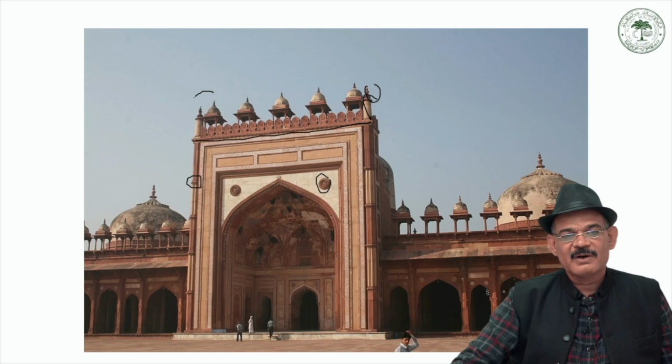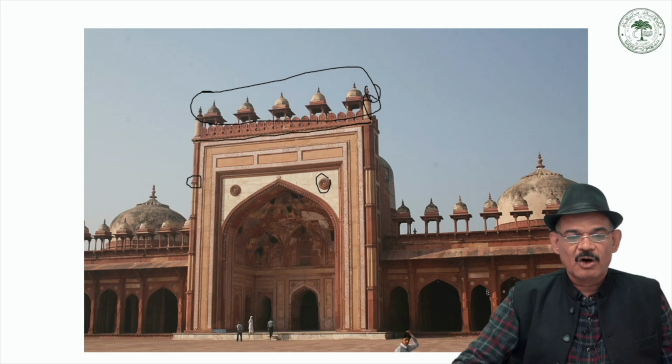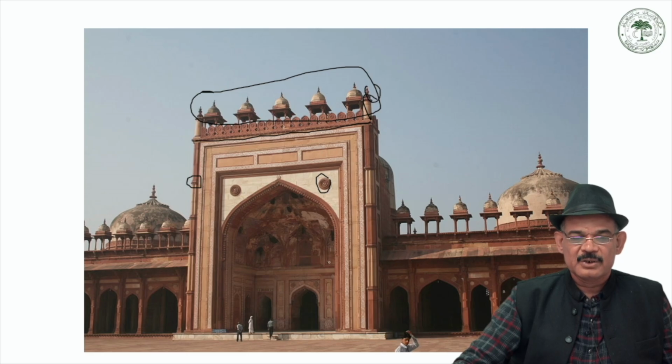And here the chhatri was used to create a skyline. Inside this portal, it was built on an oblong plan, with a central arched opening to the nave, flanked by two small arched openings, and it is built in double story.